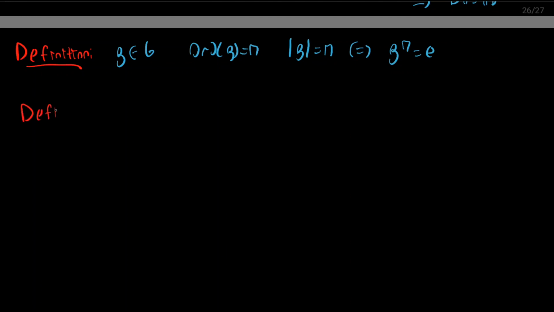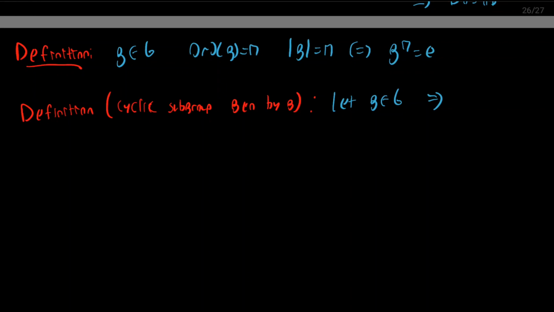Another very important definition that we will give is that of a cyclic subgroup of a group generated by one of its elements. So again, as before, let small g be an element of a group G. Then we call the cyclic subgroup of G generated by small g, and we denote it like this with these brackets that vaguely look like the expectation value notation you see in quantum mechanics, maybe if you have a physics background.